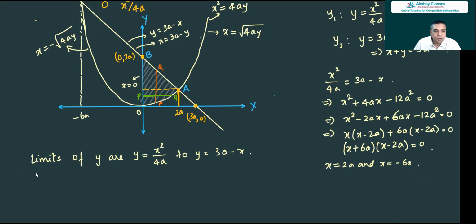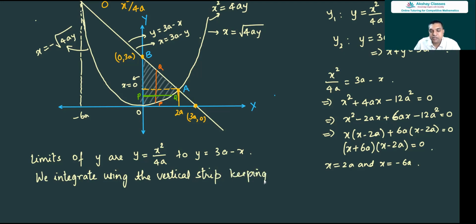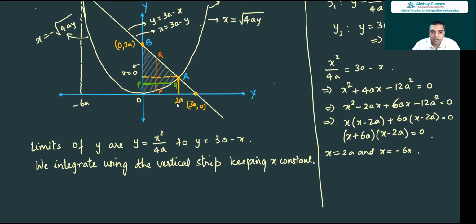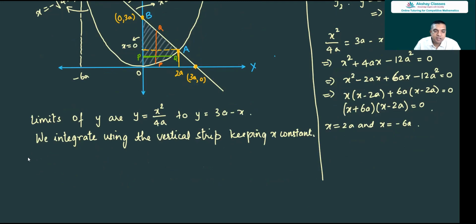So we integrate using the vertical strip, keeping x constant first, and then integrating with respect to x again.